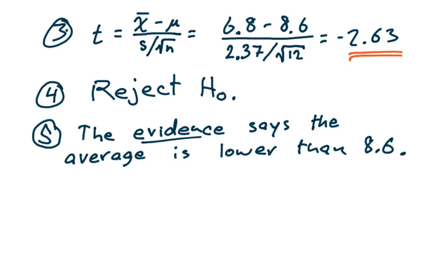So we're just talking about the evidence, and so we'll just say the evidence says this: the average number of pills that this sample group took, it was lower than 8.6, and that suggests statistically that the population of people who take aspirin and also practice yoga will have a lower average number of tablets that they take per week than just those people who take aspirin and don't do yoga.